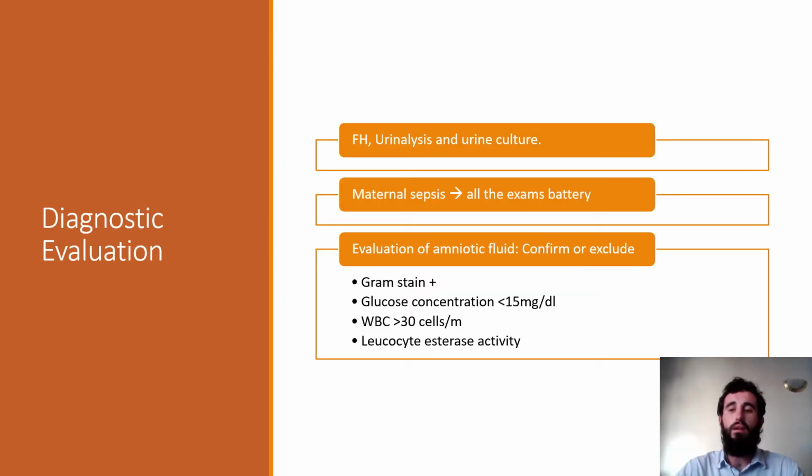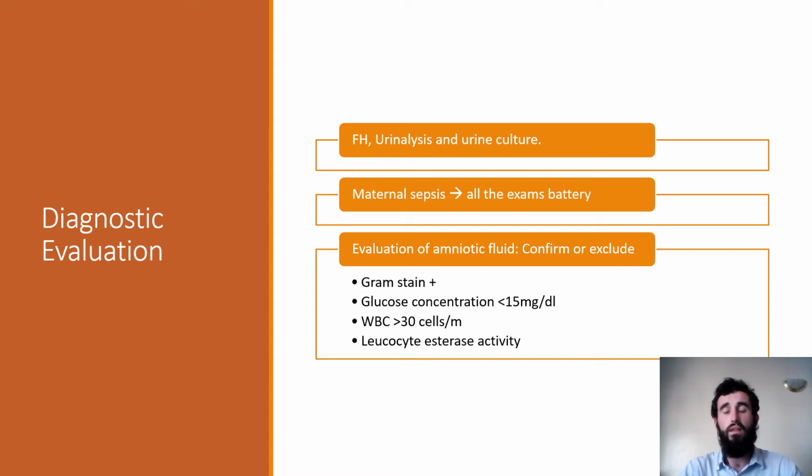So, if with the clinic we suspect chorioamnionitis, we will have to confirm the diagnosis. So, we will have to ask for at least a full hemogram, urinalysis, and urine culture. But if the mother presents with sepsis or septic shock, we will have to request the whole battery of exams for sepsis and shock, the classes that we saw a few weeks ago.